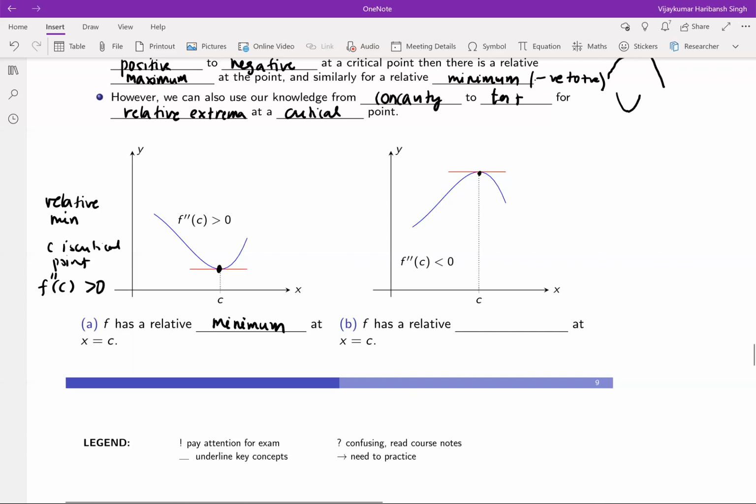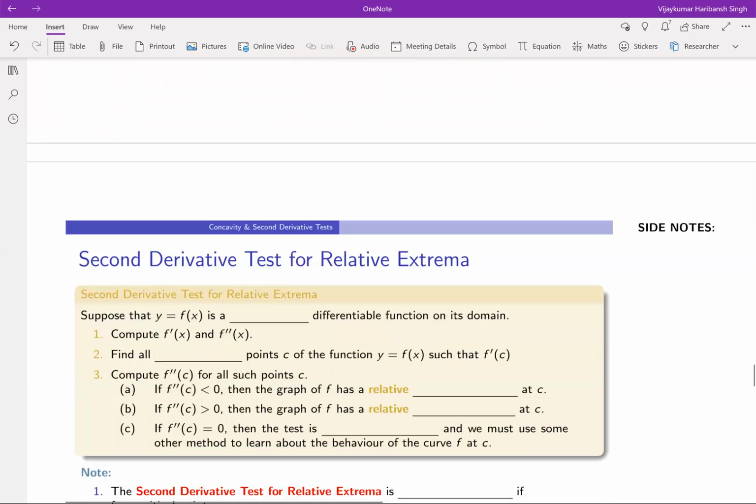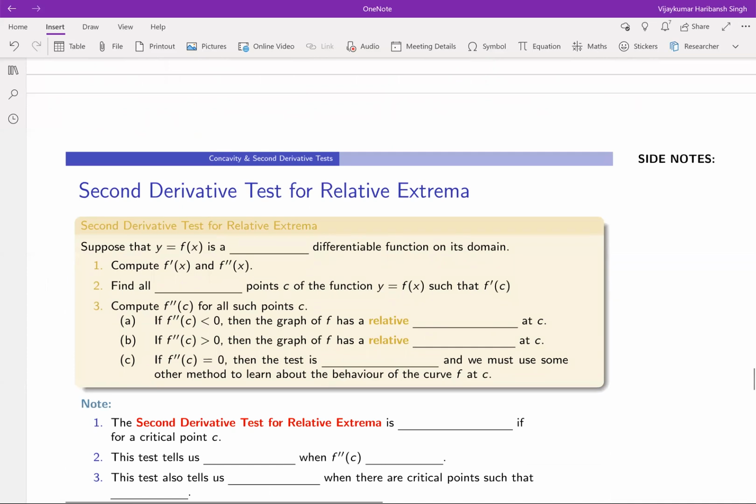That is the first qualification. And you see that this is concave down, so the second derivative at c is less than 0, and you're getting a relative maximum. So f has a relative maximum at x equals c. This gives you a second derivative test for relative extrema.